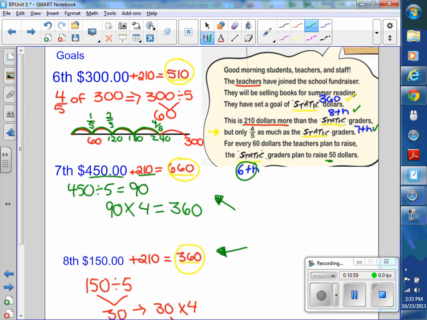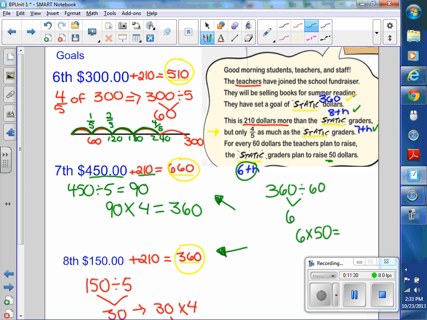So it says for every $60 the teachers plan to raise. So how much money were the teachers planning to raise? $360. So, Kaden, if I break $360 into 6 parts, what do I get? Yes, 60, right? So is it true that 6 times 50 equals one of the class values?